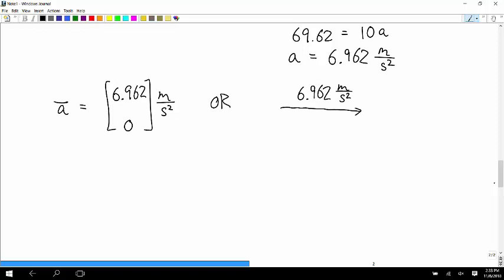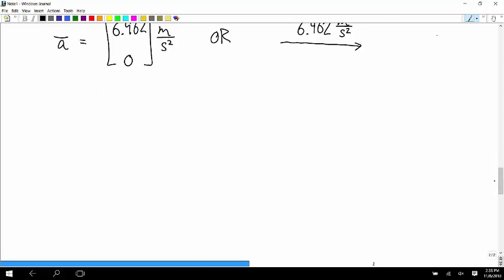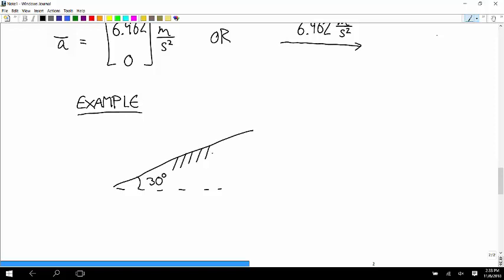Okay, so now I'm going to do one on an incline. So let's say we have an incline of 30 degrees, and a 10 kilogram box sliding down the incline at this instant.